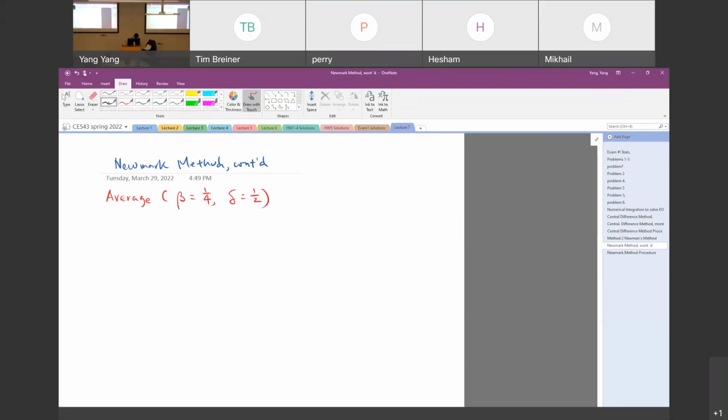And so the acceleration at any given time can be expressed as follows. So that is the average meaning. The acceleration at any given time within the time step can be expressed as the average of the acceleration at the beginning of the time step and the end of the time step.